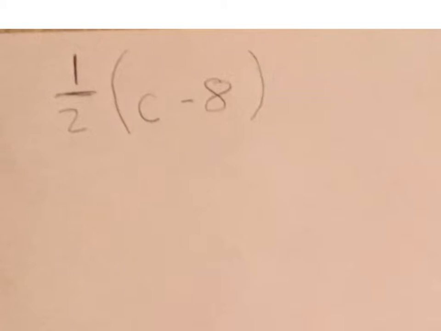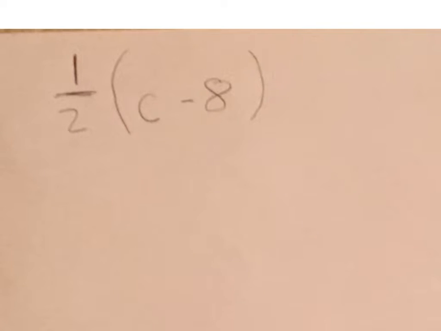So this equation is 1/2 times (c minus 8). Now for this one, this is for distributive property. So we have to distribute the 1/2 to the c and the 8. But all we're doing for this problem is simplifying the equation.